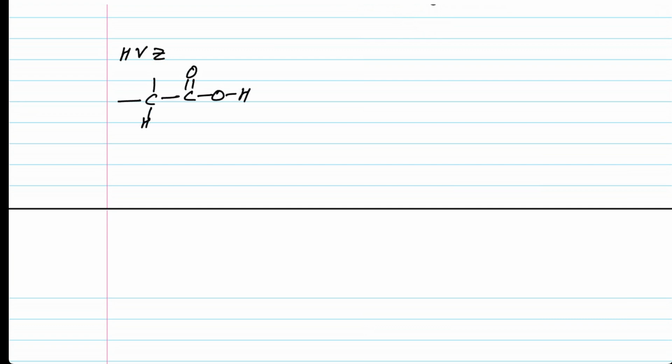If this is reacted with X2, where X2 could be Cl2 or Br2, in presence of red phosphorus, we end up with X on the alpha carbon and the carboxylic acid.